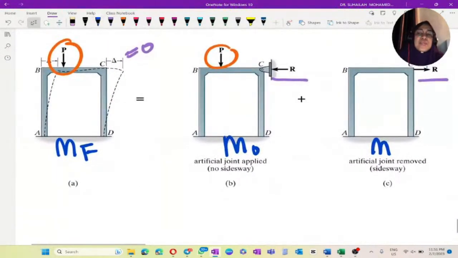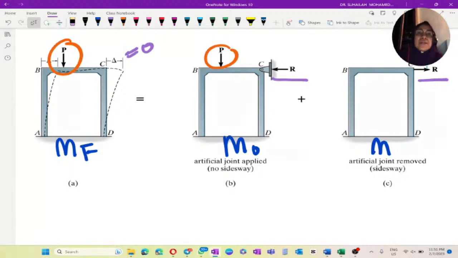From this we get the equation, which is actually representing the principle of superposition: MF equals M naught plus M. This is how we get the final equation.